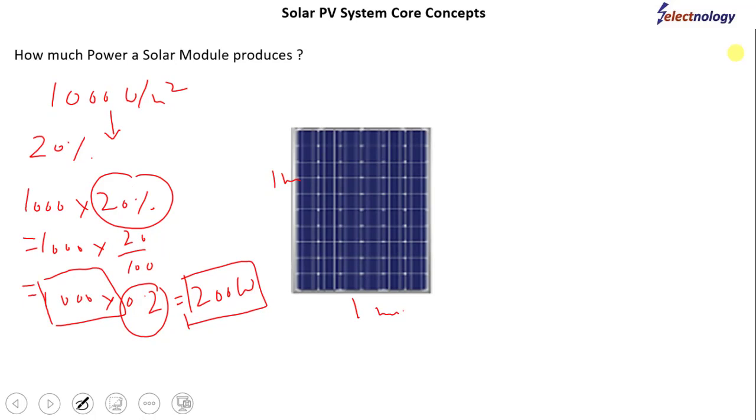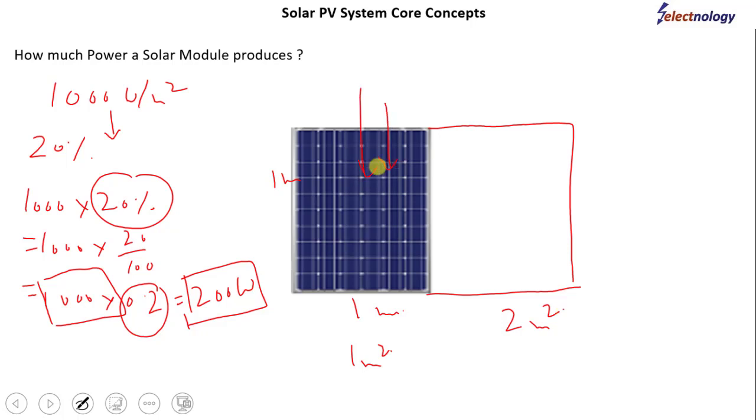Now here we assumed that the area of the PV module was 1 meter square. Now let's double the area. We assume that the area of the module is 2 meter square. So what will happen to the rating of the PV module? Obviously, more sun energy is being received now.